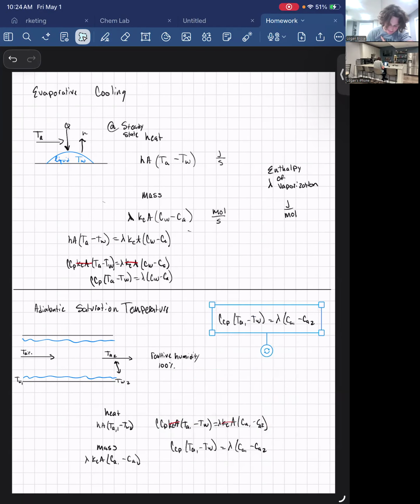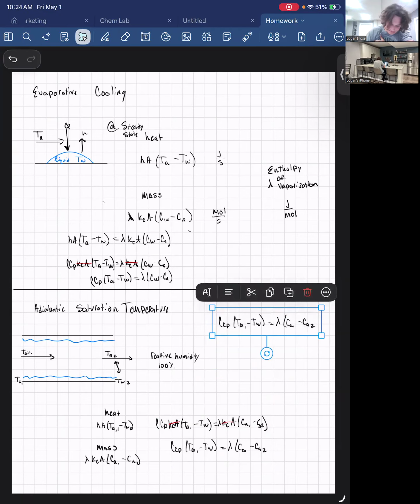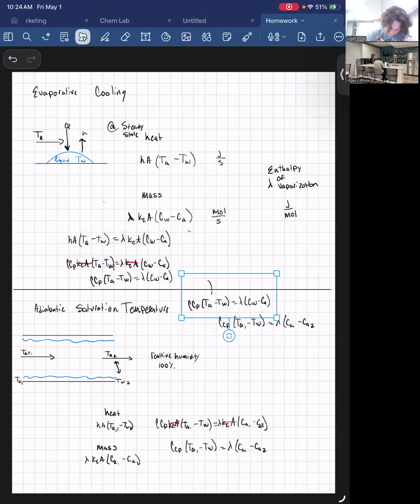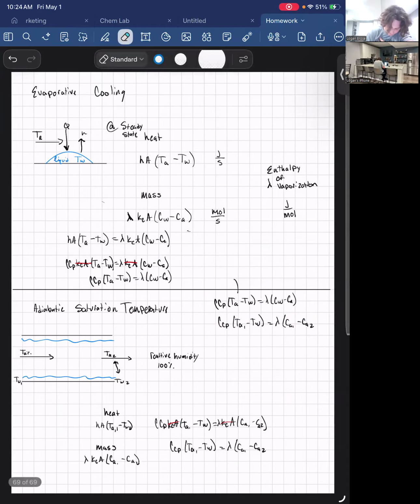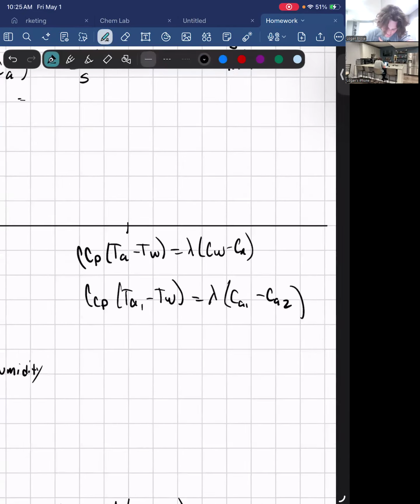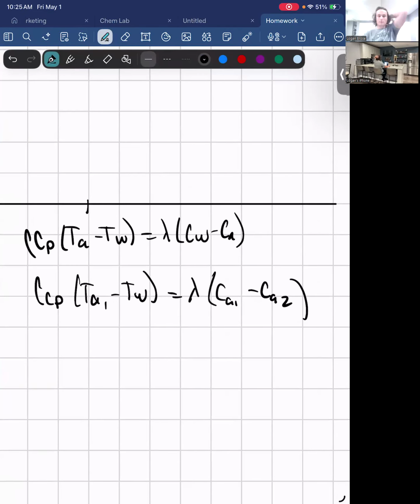And so we can now compare these two equations that we found. If we take these two equations and look at them, we see that they're very similar.